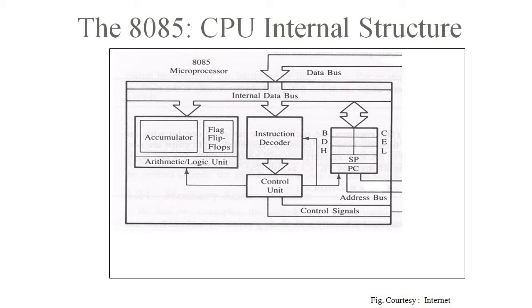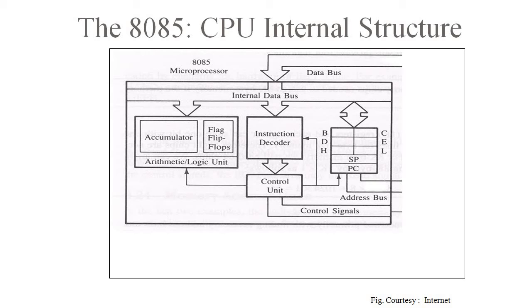The accumulator may store the data and execute the instructions with the help of other registers. So here you can see instruction decoded, then this will give input to control unit where control signals will be generated. Then there you can see address bus and various registers.